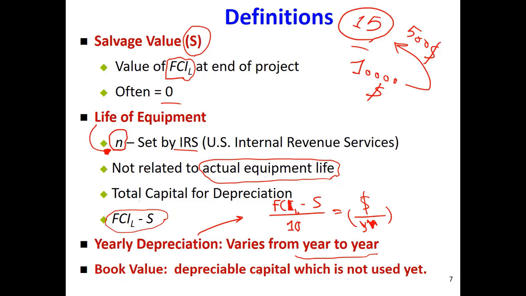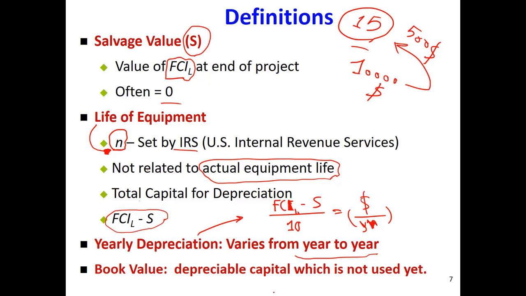Book value is the depreciable capital which is not used yet. Book value is kind of the asset that you have. I will explain this a little bit more later in this slide. It is the money that you have that is not yet depreciated.